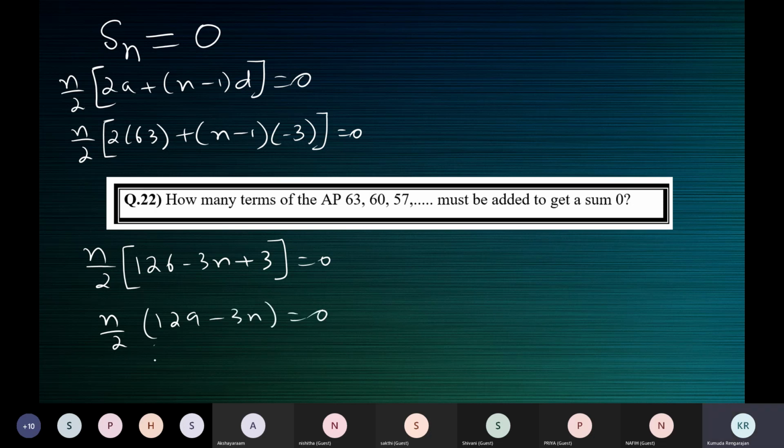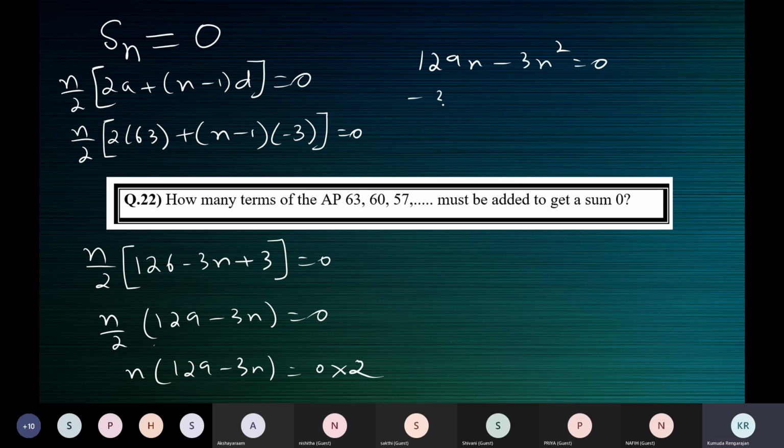When you cross multiply the 2, 0 into 2 is 0. So n into 129 minus 3n is equal to 0 into 2, so that's 0. So you get a quadratic equation like this: 129n minus 3n square is equal to 0.